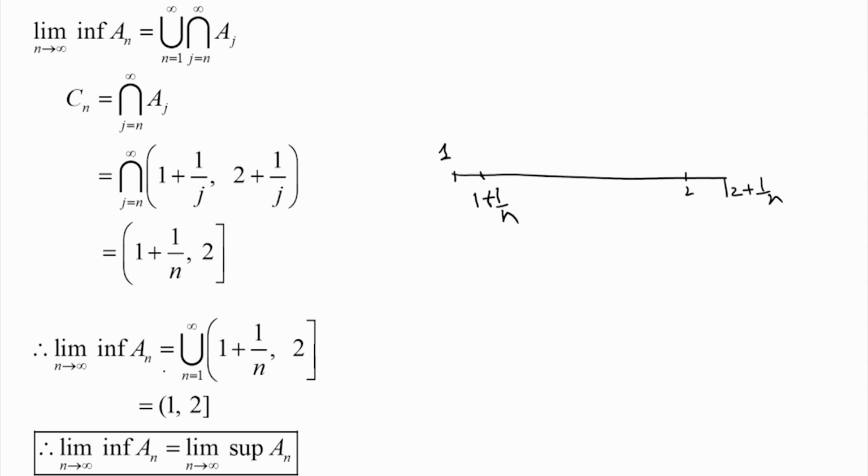If I take the union of these intervals for n equal to 1 to infinity, I will get again a semi open interval (1, 2], closed at the right hand side. So, in this case we have seen that lim inf is the interval (1, 2], and lim sup of A_n is also the interval (1, 2]. So, the limit of this sequence exists, and the limit is the interval (1, 2].